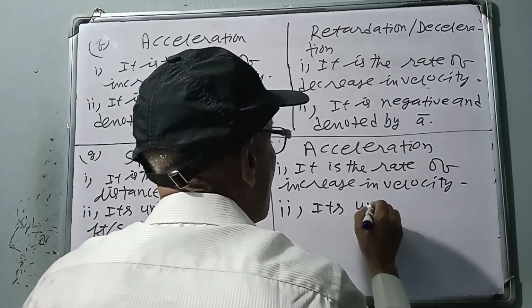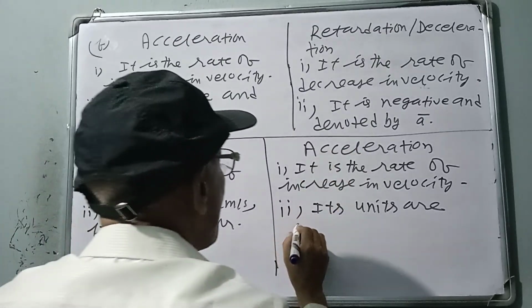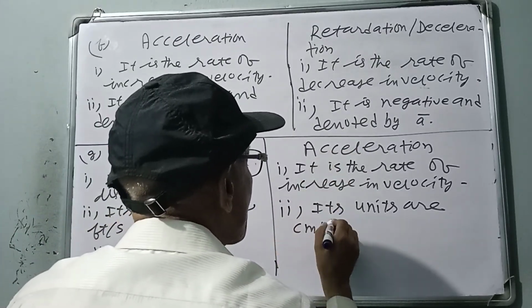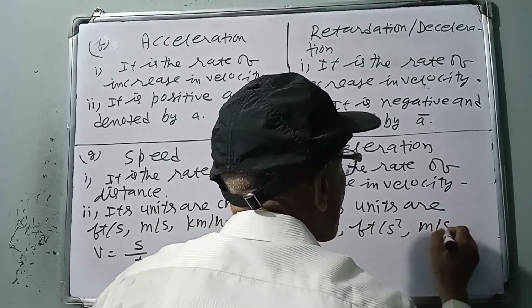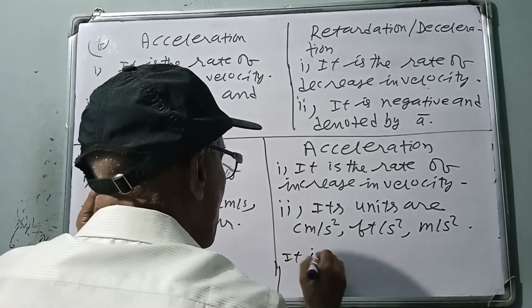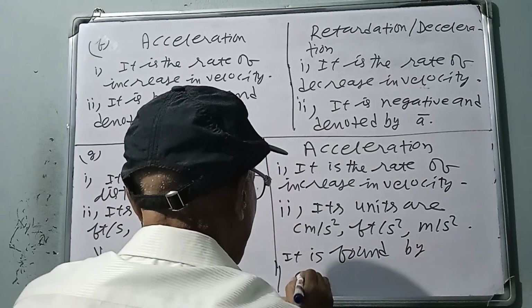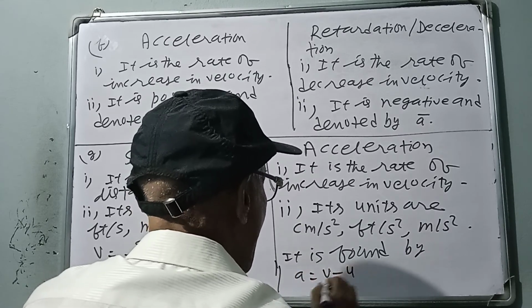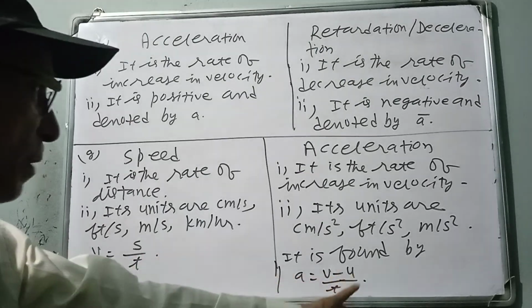Acceleration को unit centimeter per second square, feet per second square, meter per second square. Found by, it is generally found by V minus U by T. Just by the definition, A equal V minus U by T.